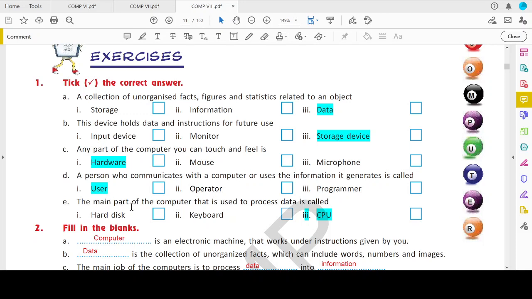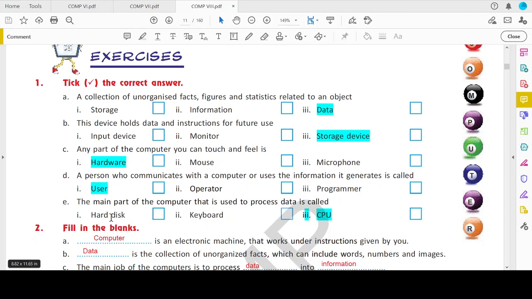Next one. The main part of the computer that is used to process data is called hard disk, keyboard, CPU. Which one is the main part of the computer that is used to process data? It is the CPU. Hard disks do not process data.